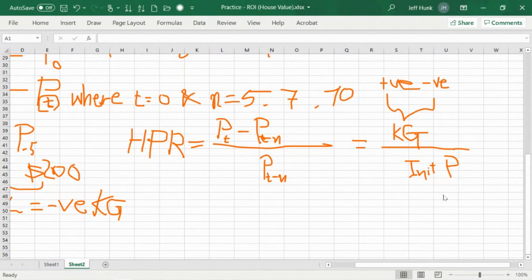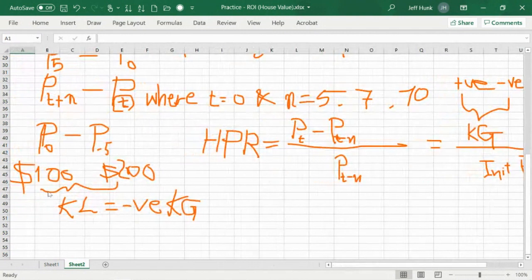But if the capital gain was negative 100 and your initial price paid was $200, in other words, you paid $200 and 5 years later the price is $100, then there's a capital loss of $100, or negative $100.